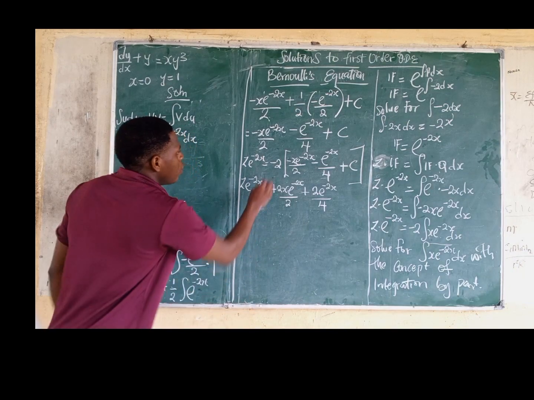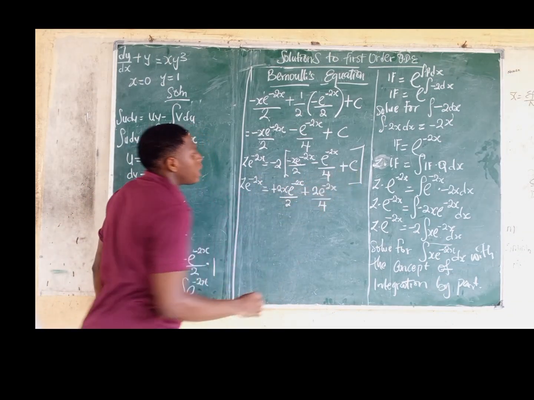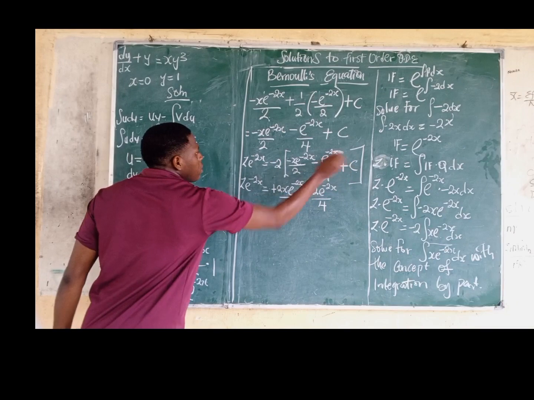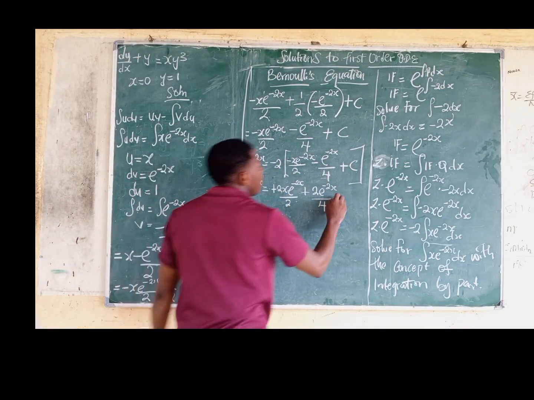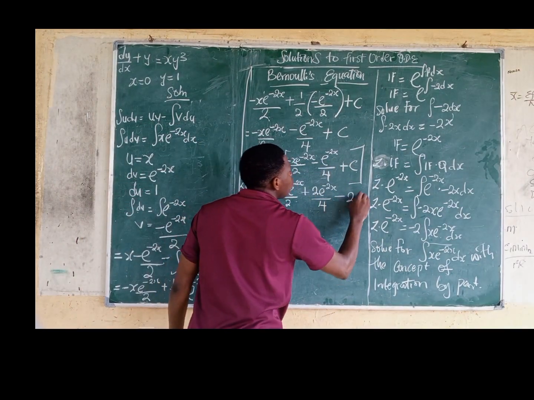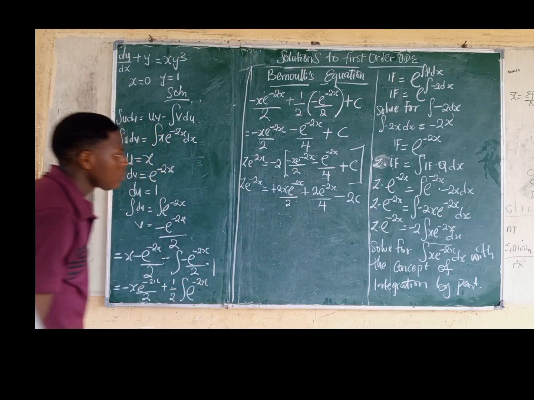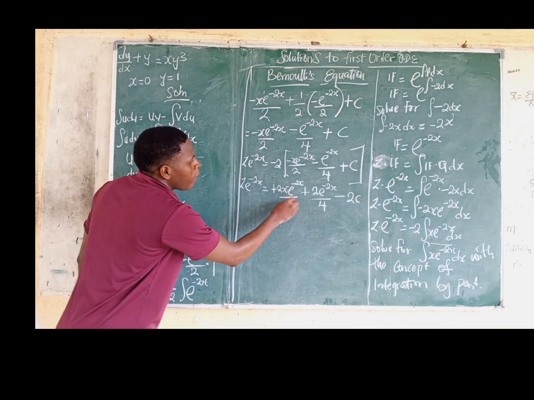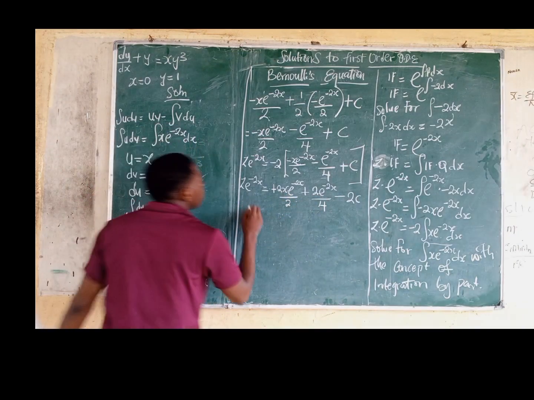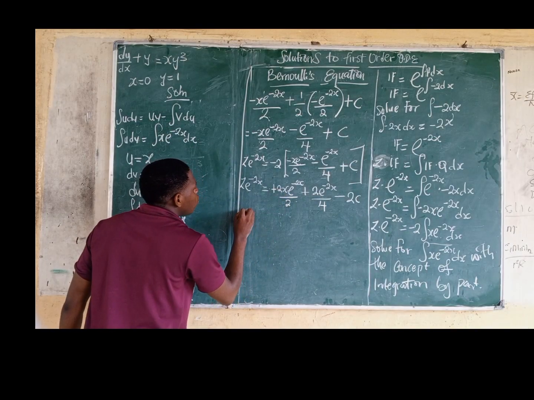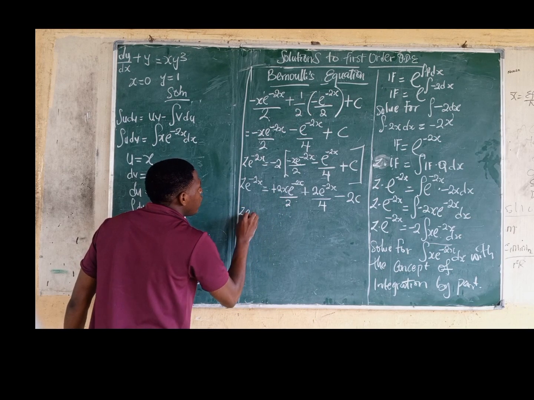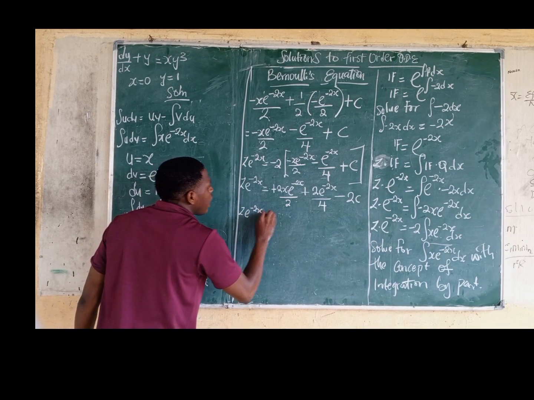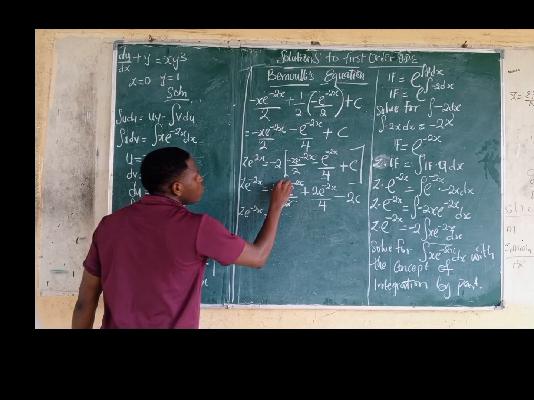This can still come into this constant. Minus will knock out this positive sign. You will be left with negative sign 2c. What do you do to the equation? We can simplify this by saying that this is equal to z exponential minus 2x, and this is equal to 2 is knocking out this 2.